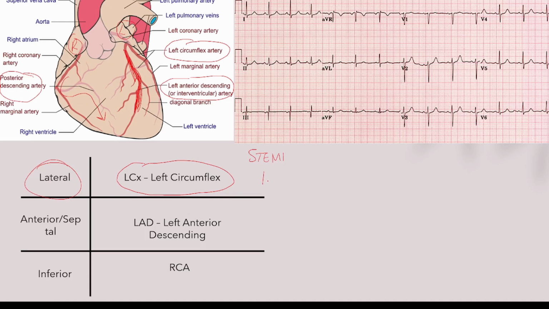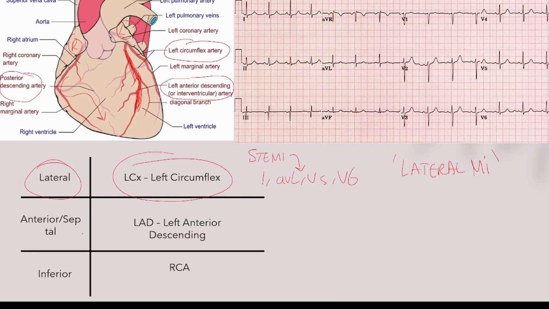Well, as we mentioned, lead 1, AVL, V5, and V6. If we found an ST elevation in those leads, we can then deduce there is a possibility that there is a blockage in our left circumflex artery. Okay? And if that's so, you would categorize this as a lateral MI, a lateral myocardial infarction.